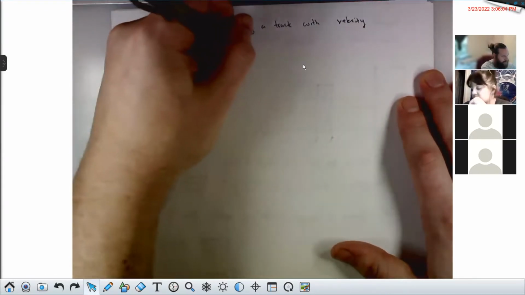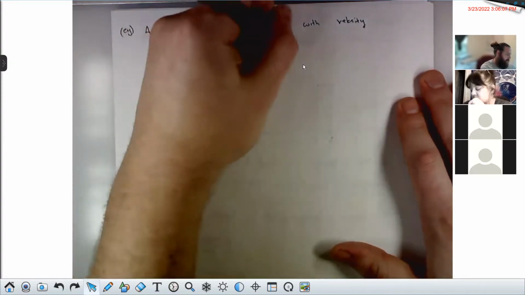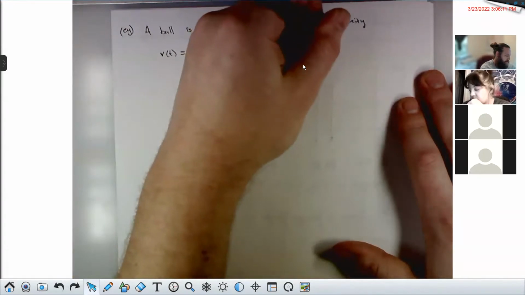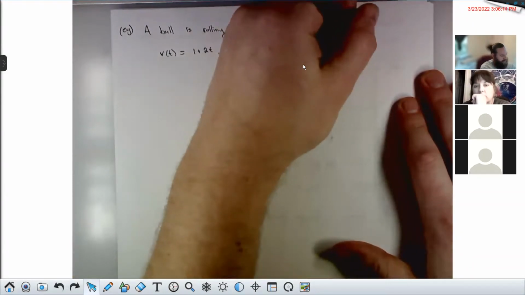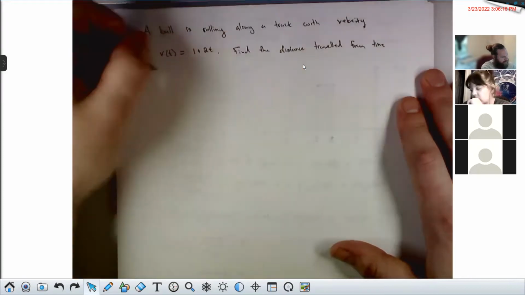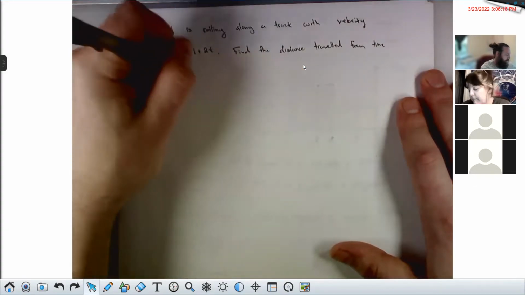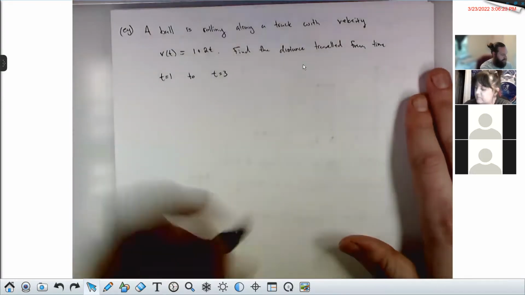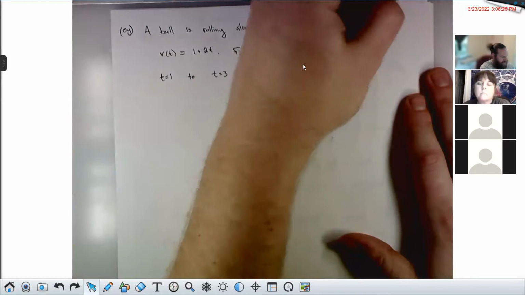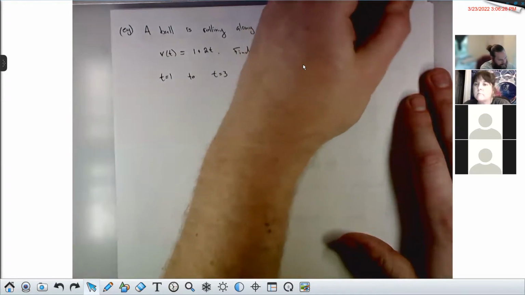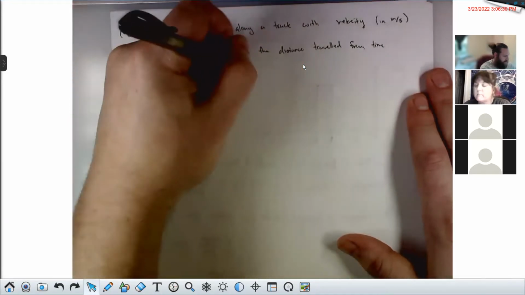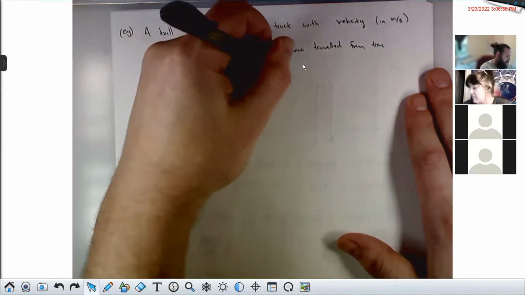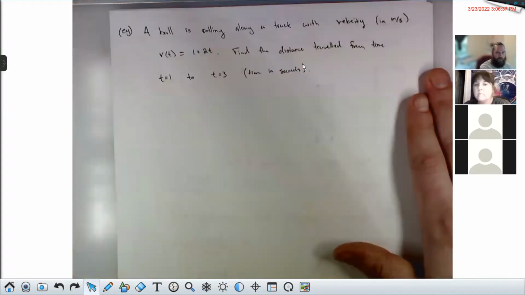Find the distance traveled from time t equals 1 to t equals 3. Velocity here is in meters per second, and time is in seconds. Keep everything in SI units.